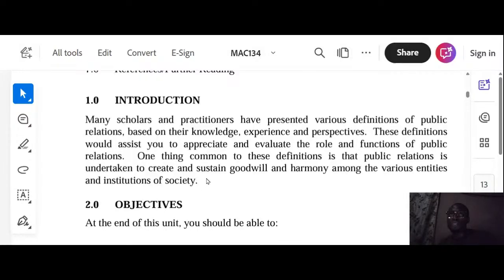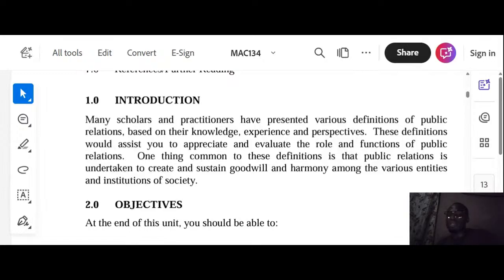Well, the introduction is very clear, just trying to create a picture of public relation in your mind. The main purpose why we have public relation is to sustain goodwill and harmony among the various departments or entities we have in the society.